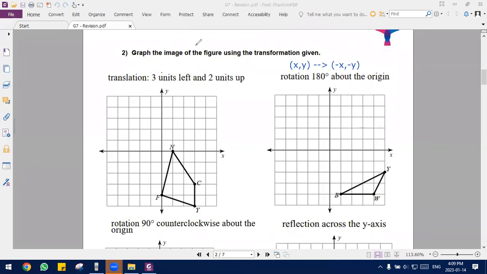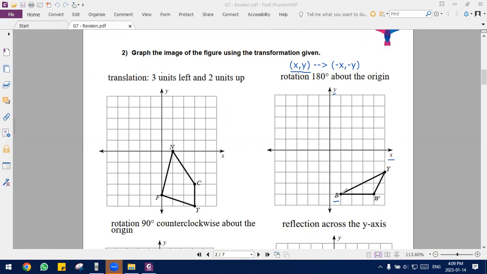What does that mean? Let's take an example. Let me start with the point B, okay? I need to know the x and y of B. It means the coordinates of B. We start always with x and then y. So as you can see here, the horizontal line is x, the vertical line is y.